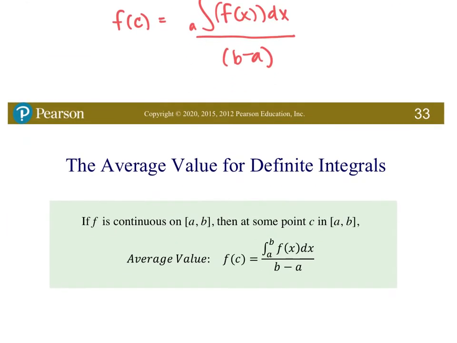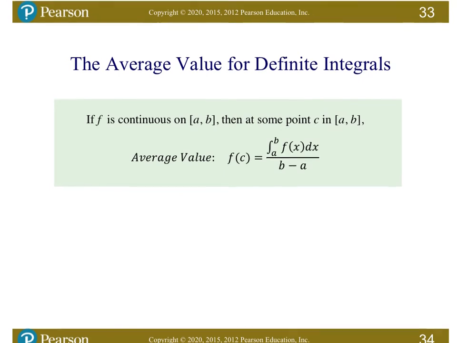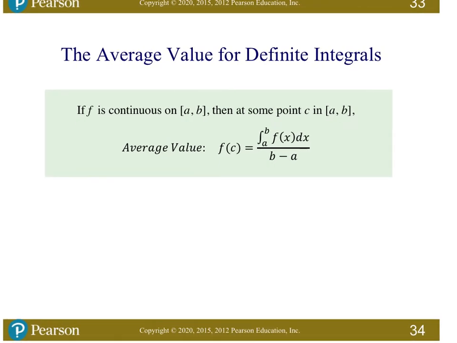This is why. Because when we get that f of c alone, that gives us what is called the average value. The average value is f of c by itself in that expression, where you have the integral part on the top and the base value on the bottom. Okay, integral on top, and that base is an interval.